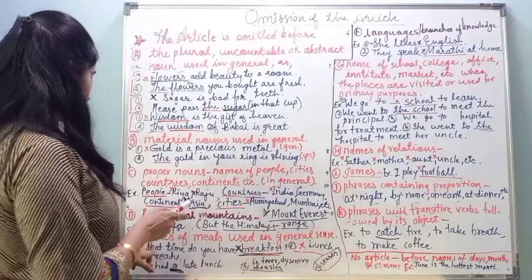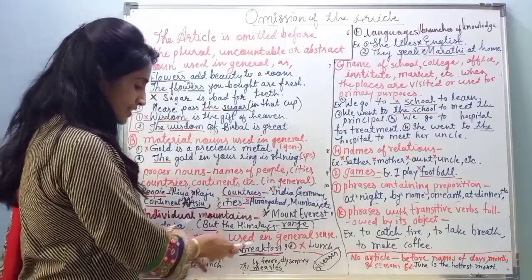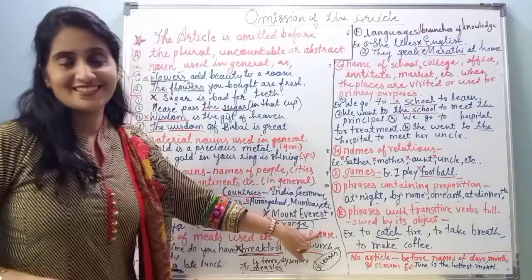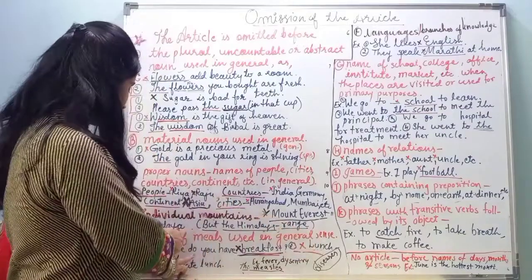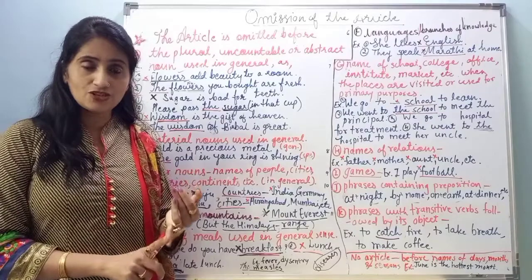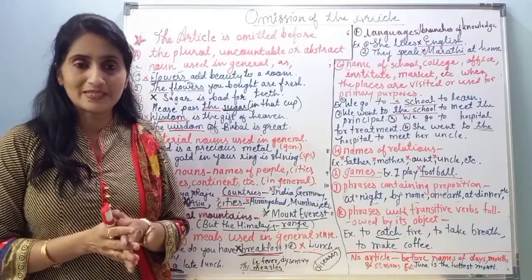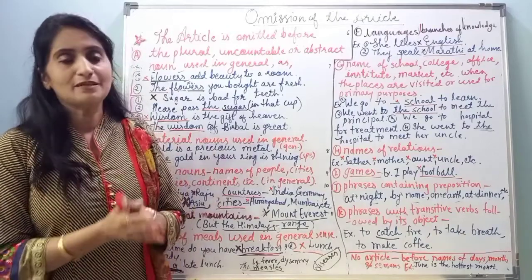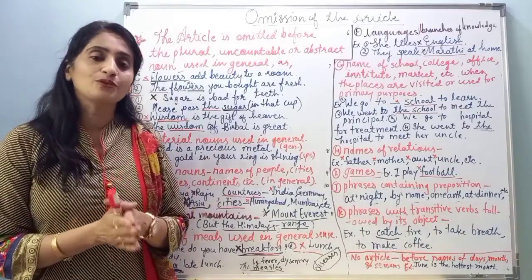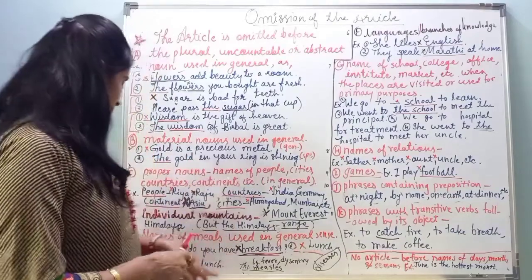See the next rule. The article is omitted before names of meals used in general sense. What means the names of meals? Breakfast, lunch, supper, dinner, these are the names of meals. Before these names also, we should not make use of any article. See the examples here.